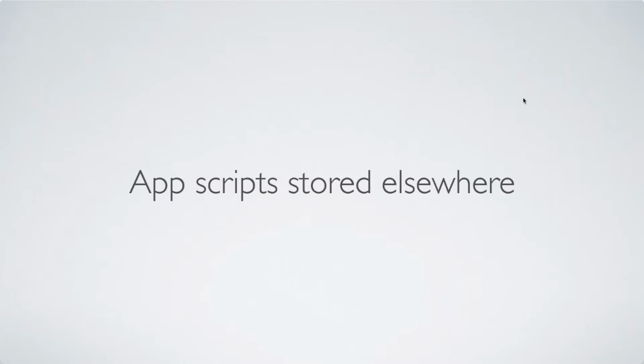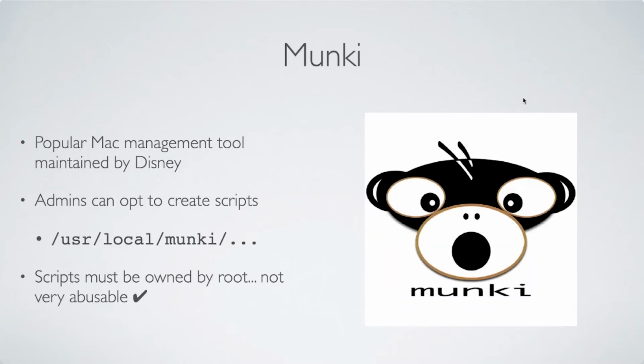So we've just talked about scripts that are inside of app bundles so far, but there are a number of apps that also have scripts that are stored elsewhere on the system. Munki is one of those. It has a directory in /usr/local/munki. I'm sure that most of you are familiar with Munki.